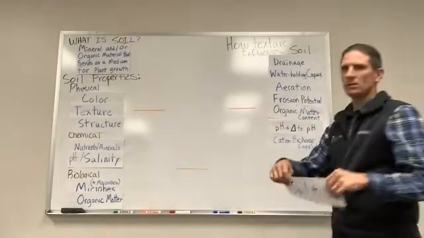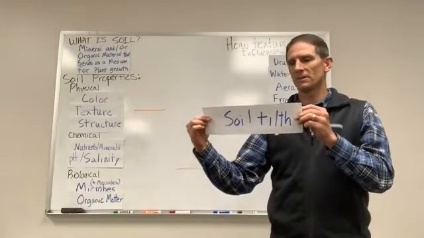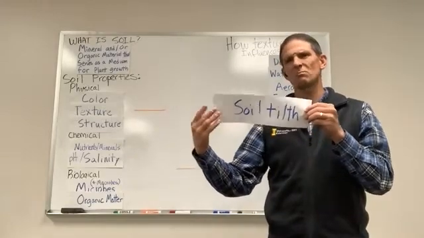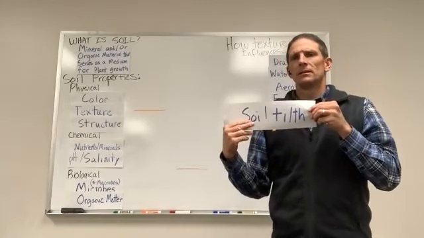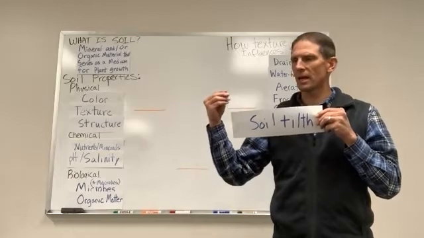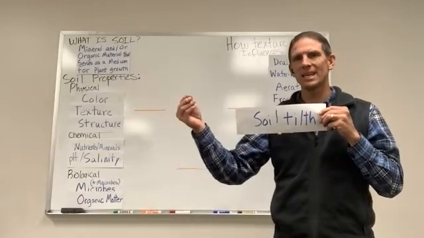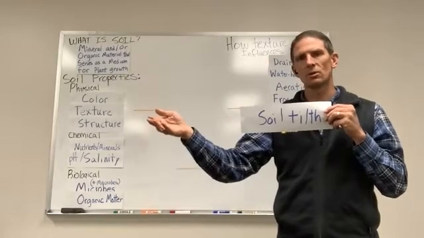And then the last one I'm referring to is soil tilth, which is affected by your texture. It can refer to the tillage potential of the soil, but it also refers to just how a seed is able to germinate once it is placed into the soil.